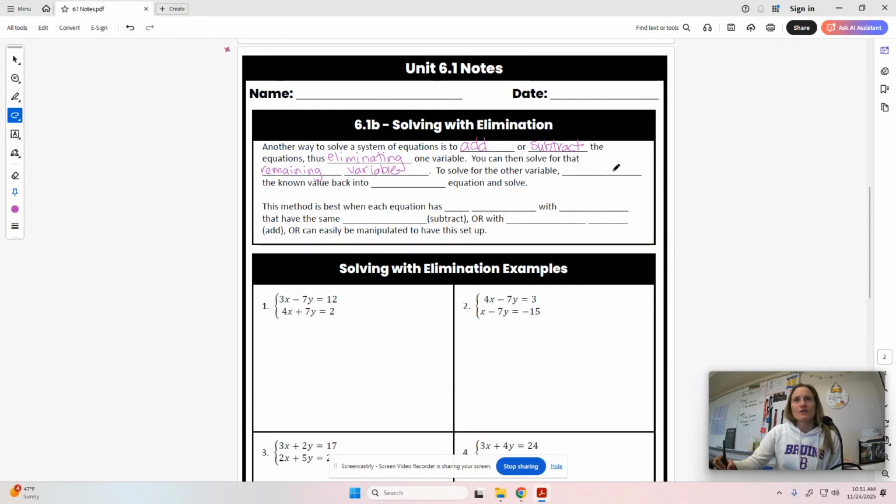And to solve for the other variable, then we kind of go back to substitution. Once we know what one variable is worth, we're going to substitute it back in to either of the equations and solve.